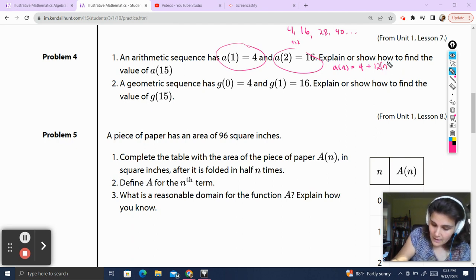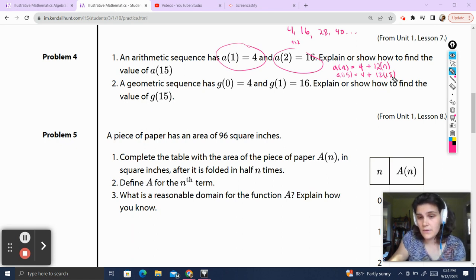So I'm going to say we're going to add 12 n times to get to the term that we want. Now, if we want to find a of 15, a of 15 is going to equal 4 plus 12, 15 times, because to get to the 15th term, we're going to be adding 12 15 times. And that gets us to the correct answer.